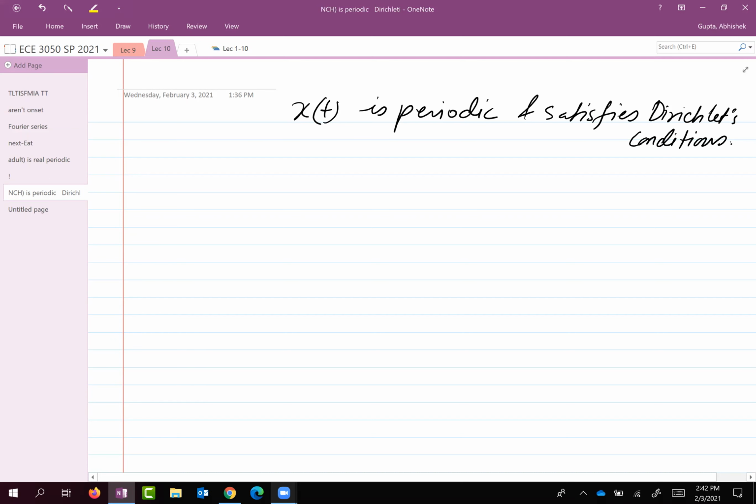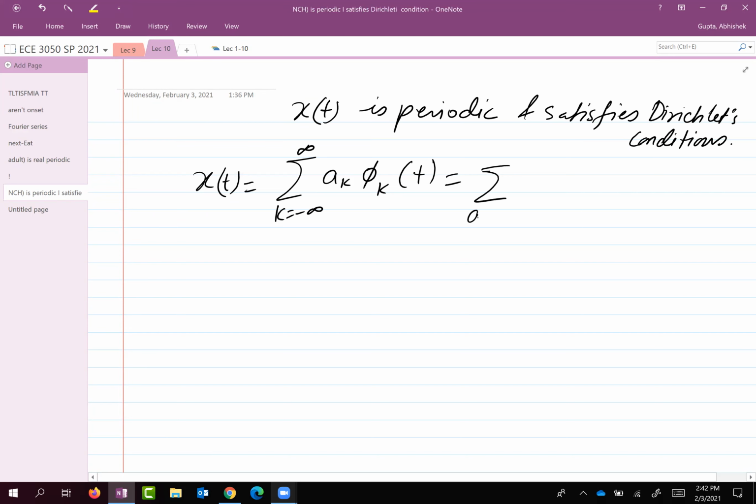So the result is, I can write x(t) as the summation of a_k phi_k(t), k equals minus infinity to plus infinity, which is the same as saying a_k e raised to j k omega naught t.